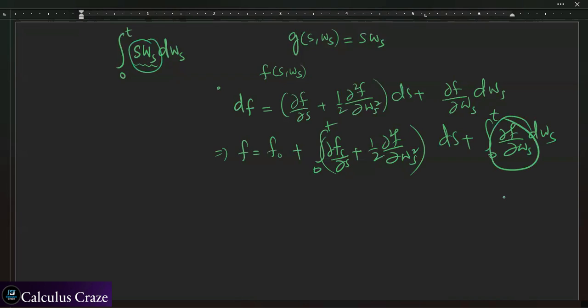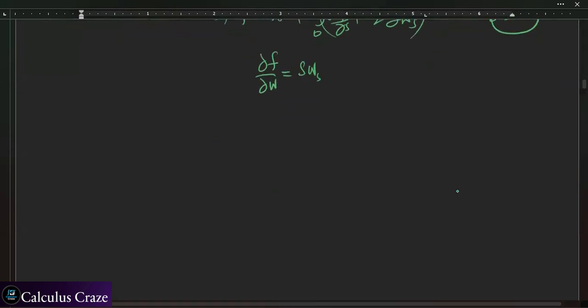So I need to find a function whose derivative, in the usual sense like calculus 1, is equal to s times w. So s and w are variables, right? I need such a function. So you can integrate. With s constant, f is w s squared by 2.